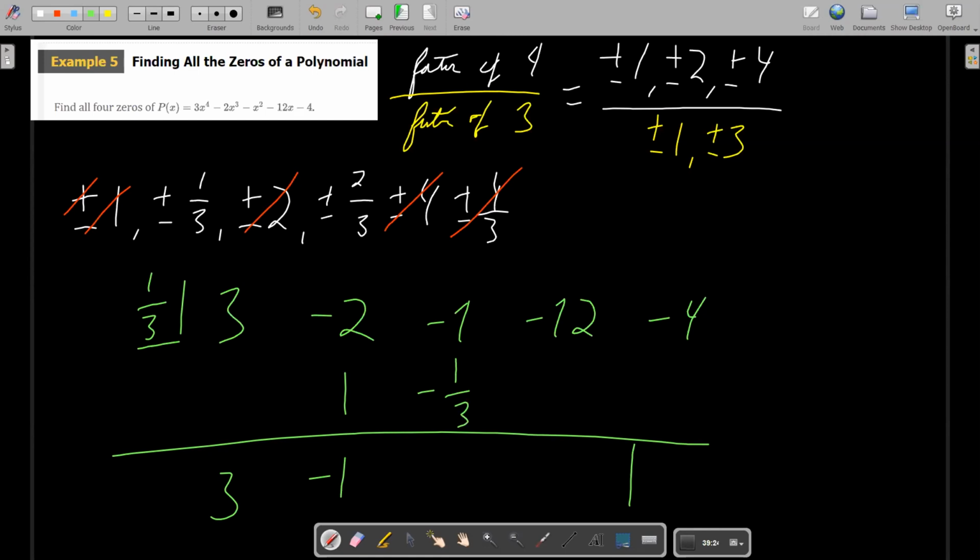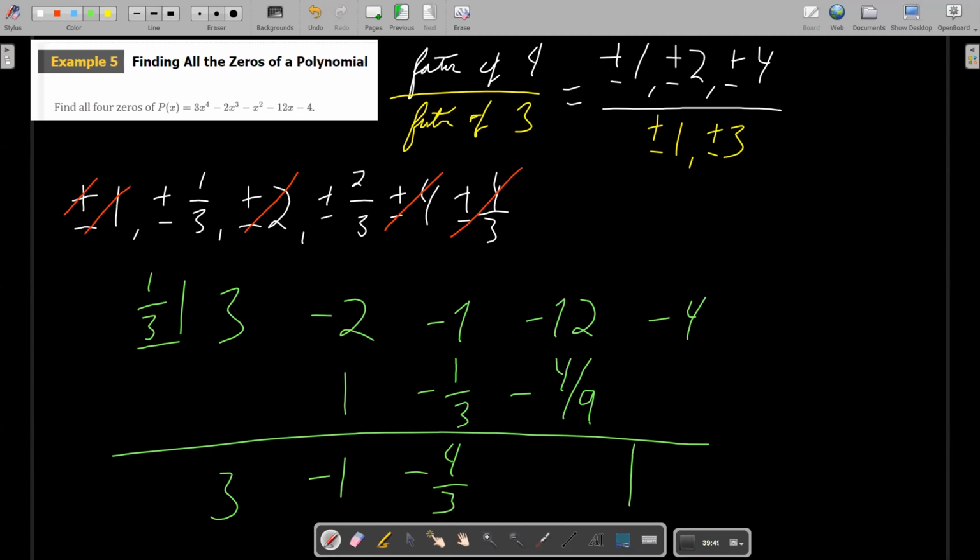And -1 and -1/3 is -4/3. -4/3 times 1/3 is -4/9.